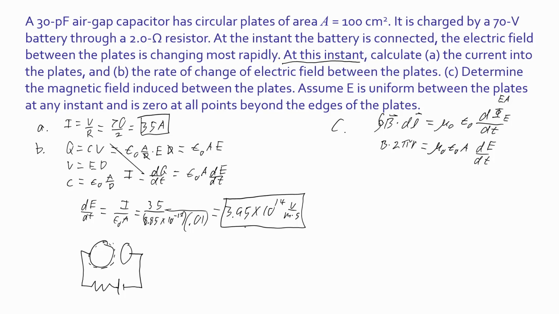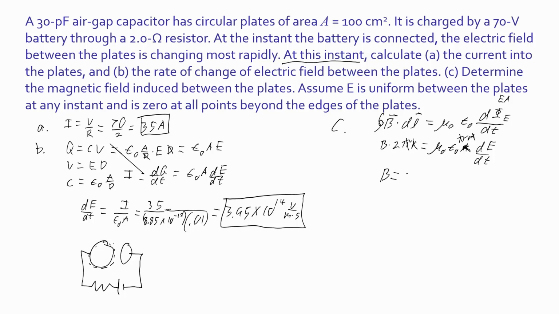Now this A here, we could just plug that in and do a side calculation and solve for r, but we could also plug in pi r squared for A. Then we can cancel out our pi's and one of our r's. We still need to do a side calculation for r, but then we're only plugging in one thing.